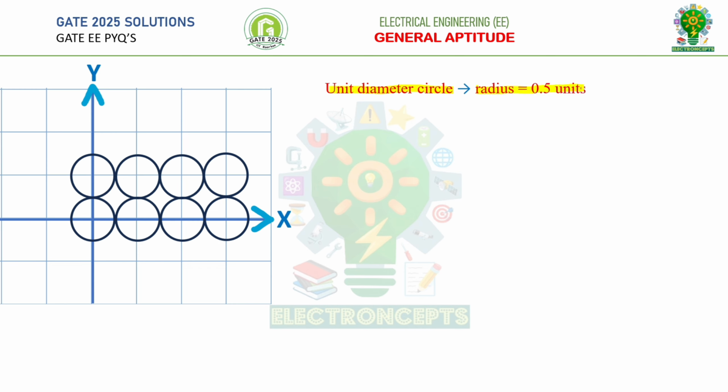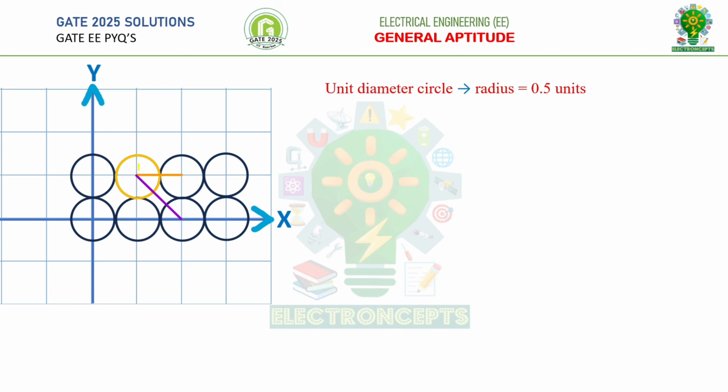Therefore, radius is equal to 1 by 2, that is 0.5 units. Now, let us consider this circle. The distance to its nearest sphere is this, and the distance to its next nearest sphere is this.